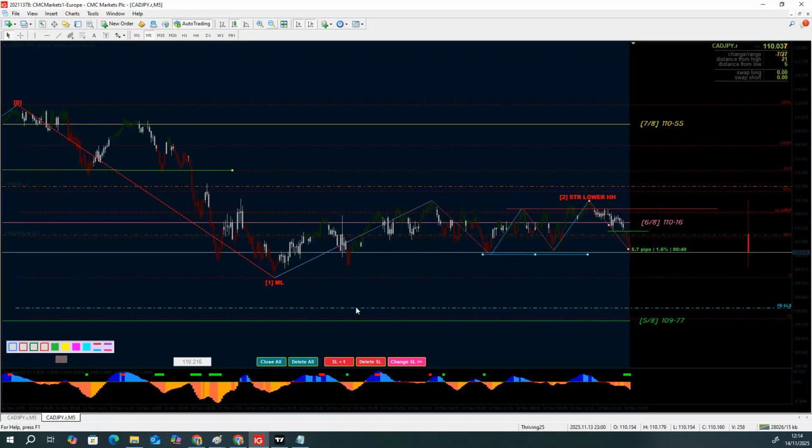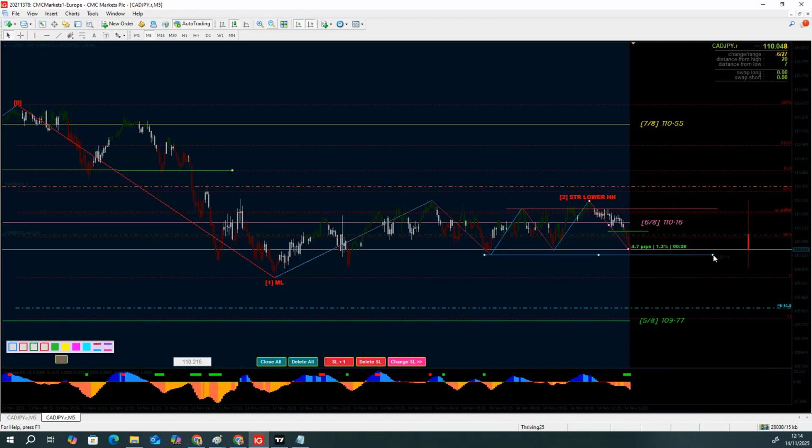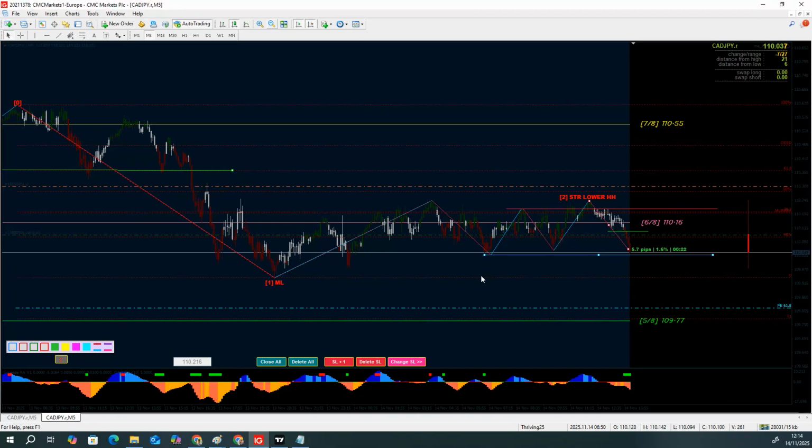This high, this. This is the main one here, the momentum low. The rule is momentum low must be sold.